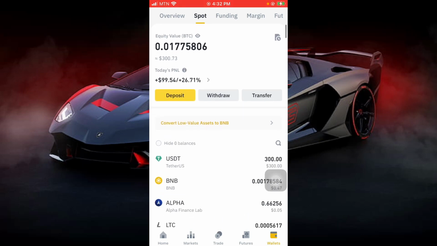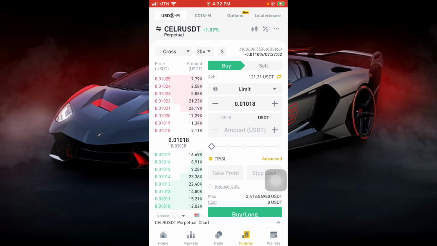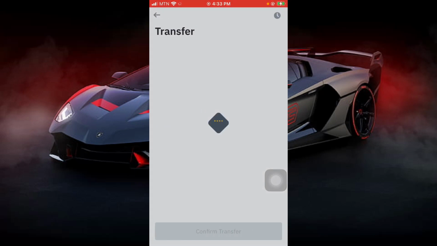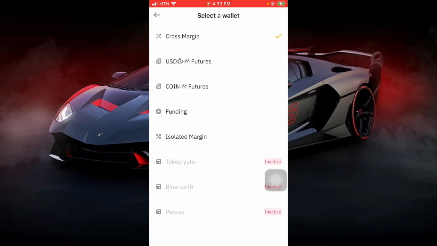So let's say I want to transfer this money to my futures wallet. I already have 21 USDT in my futures wallet, but I want to transfer it so that you guys will understand. So if I click on wallet down there, then I click on transfer. Then I'll select this cross margin, then you change it to USDT M futures.